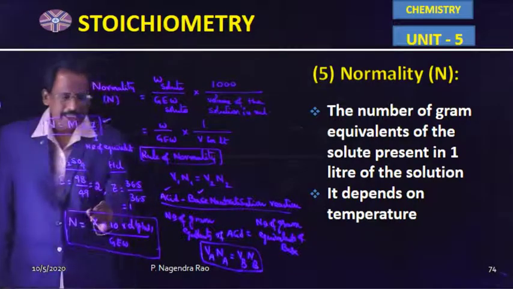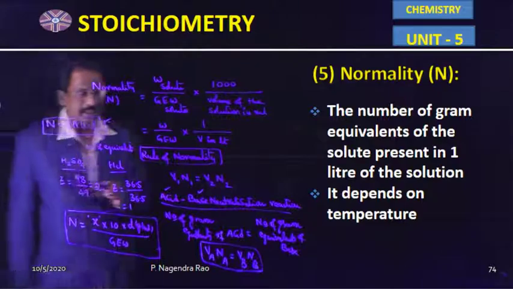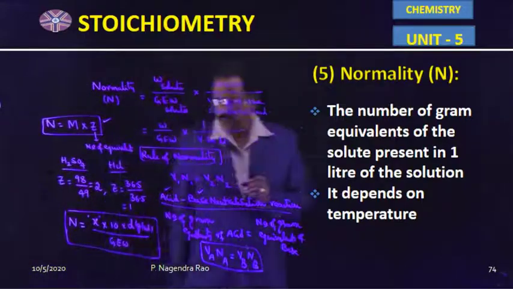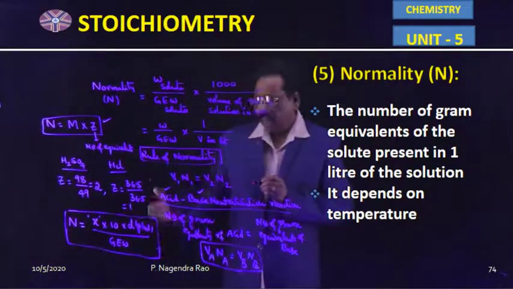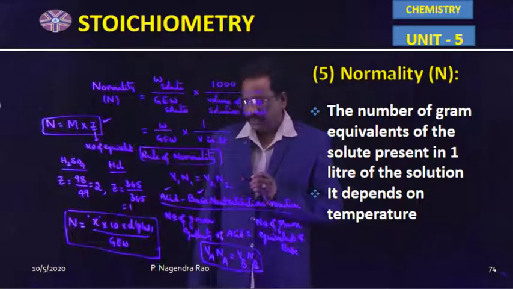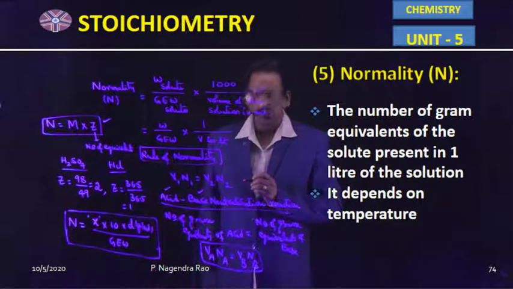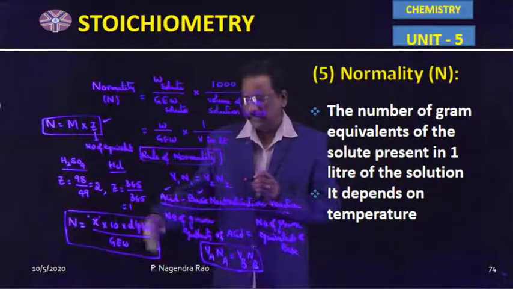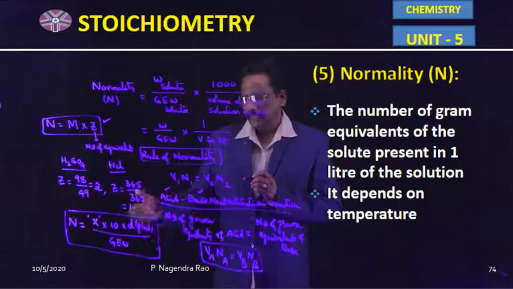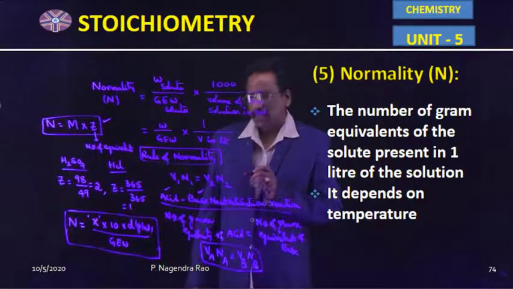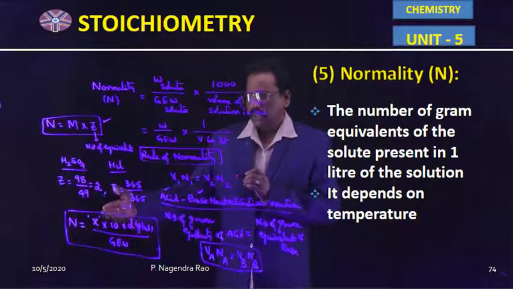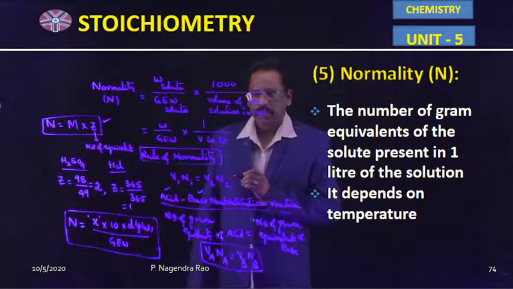Here X indicates mass percentage of the solute and D indicates density of the solution in grams per milliliter, divided by equivalent weight of the given solute, which gives the normality of the solution.